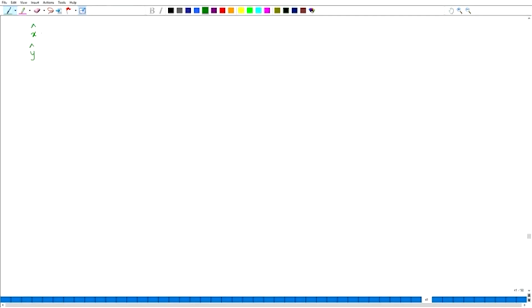It means that x cap and y cap are the directions in which the x and y coordinates can be changed independently of each other respectively. So, along x cap, it is only the x coordinate which can be changed without changing y, and similarly along y cap.